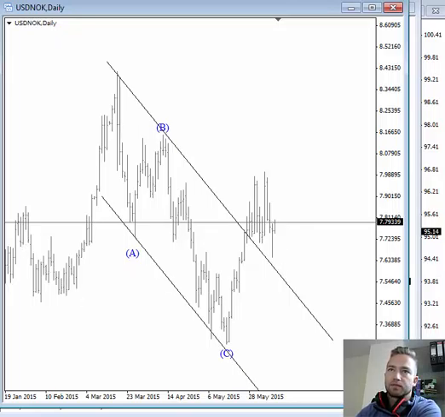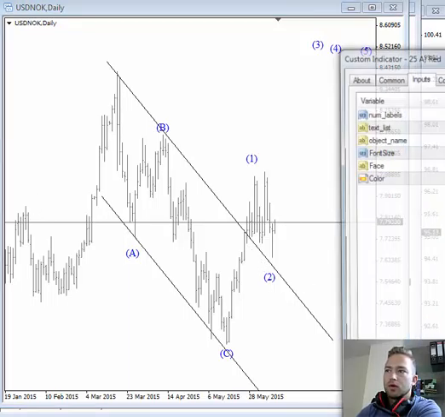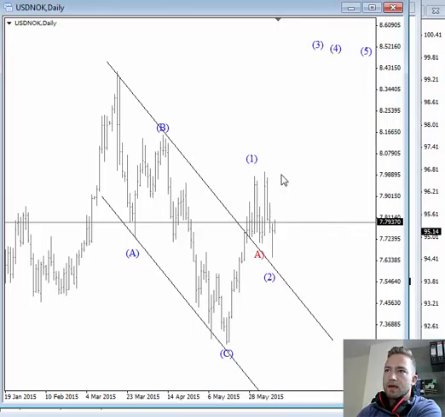Also, this appears to be a three-wave retracement. So actually, I would label this as a wave 1. Then you've got wave 2, and you would expect wave 3, wave 4, wave 5. So here, as I said, is a substructure for wave 2, A, B and C. So it looks like we are headed to the upside. Also this pullback found support very close to this upper trend line.